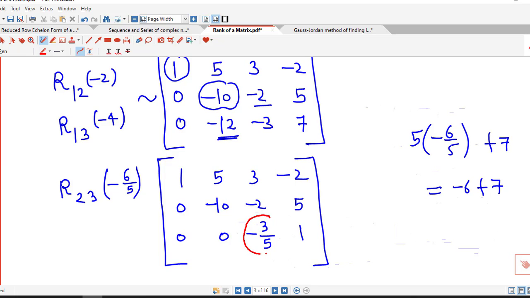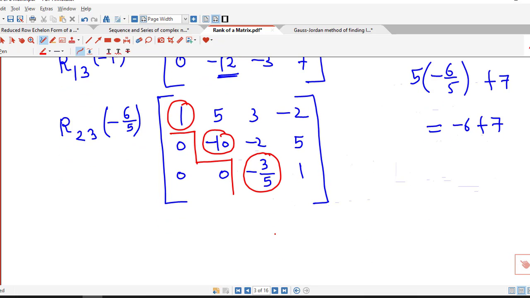This is the first non-zero entry of the third row. It is to the right of this minus 10, which is the first non-zero entry of the second row, and minus 10 is to the right of the first non-zero entry of the first row. So this is in row echelon form with 3 non-zero rows.